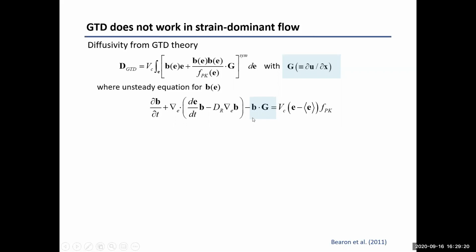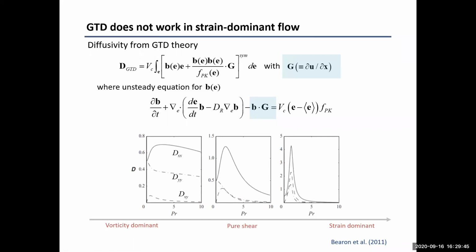But from here, what you can see is that G can create a problem if the eigenvalue of G has a positive real part. By definition, G is the velocity gradient tensor, and in a strain-dominant flow you can have a singularity. So in that case, sometimes you can't have the expression of diffusivity. This was shown by Rachel Bearon back in 2011.